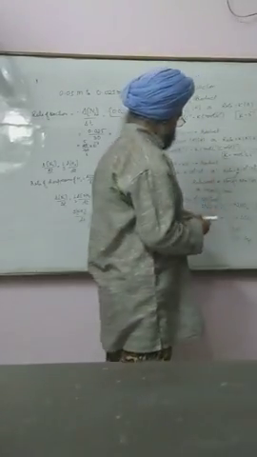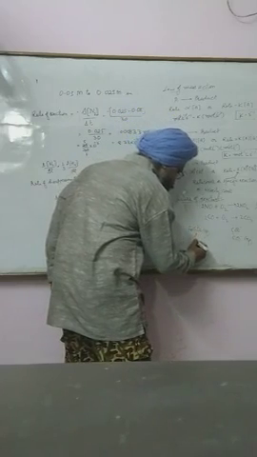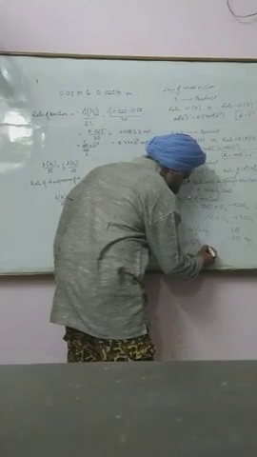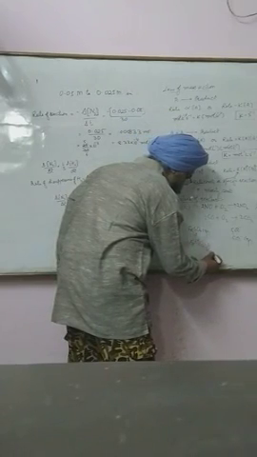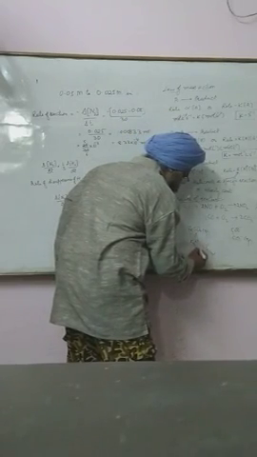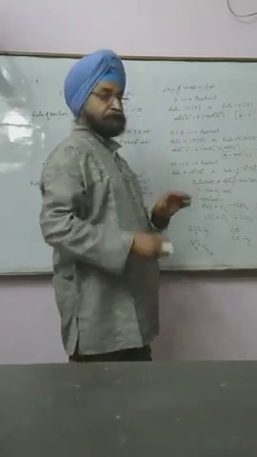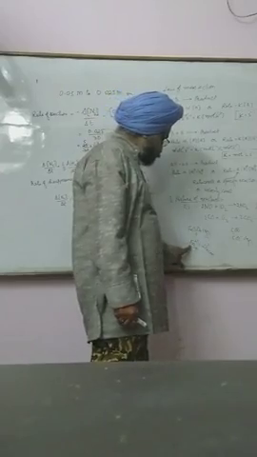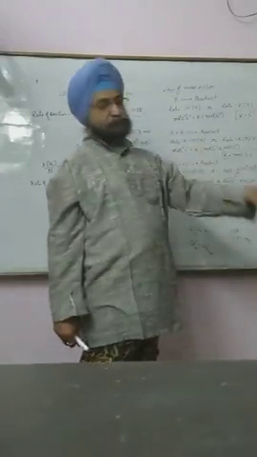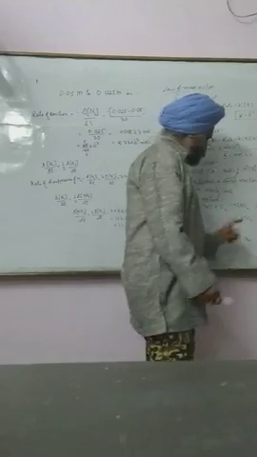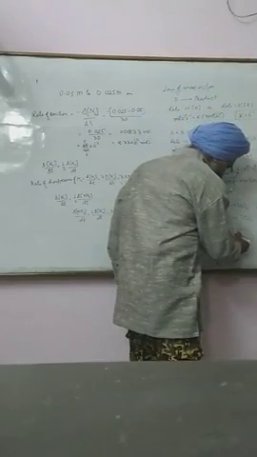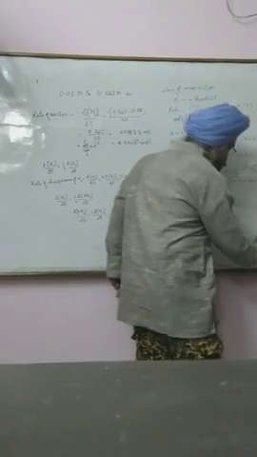Why? Because in aqueous solution, it dissociates to Fe2+ and SO4 2-. As it is an ionic compound, the only thing required is oxidation of Fe2+ to Fe3+. But here, a lot of energy is required for the fission of the C-C bond.